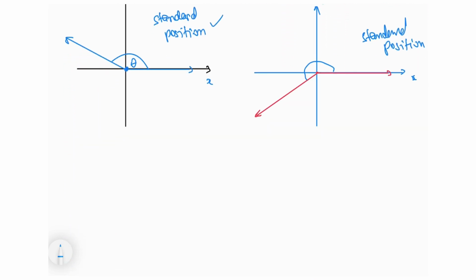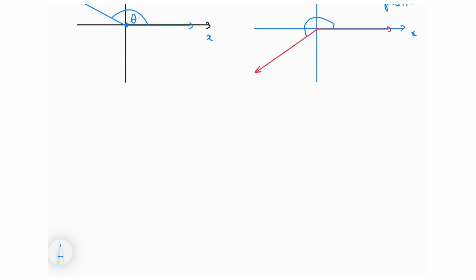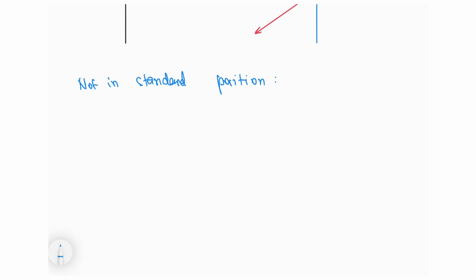There are angles which are also not in standard position, and we will show them now. Not in standard position. An example is that the vertex is not on the origin.